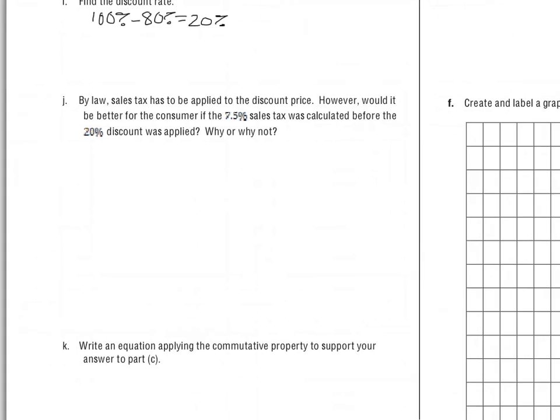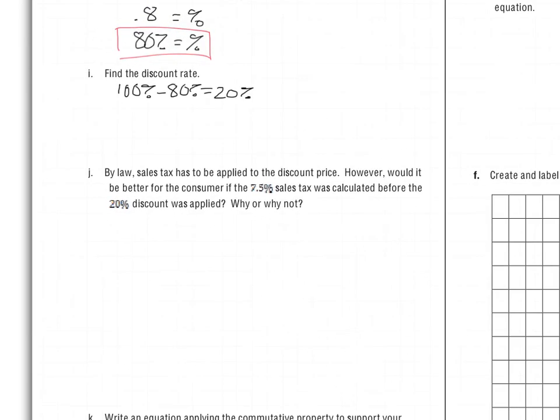So it says by law, sales tax has to be applied to a discount price. However, would it be better for the consumer to pay 7.5% sales tax before it was applied? Why or why not? So thinking through this, let's actually go ahead and see what that would look like.